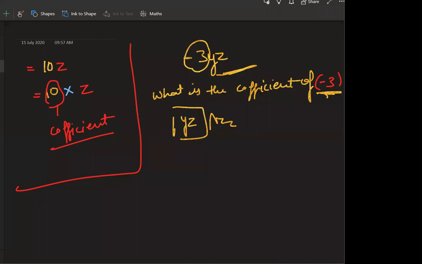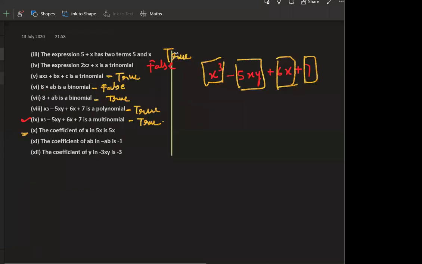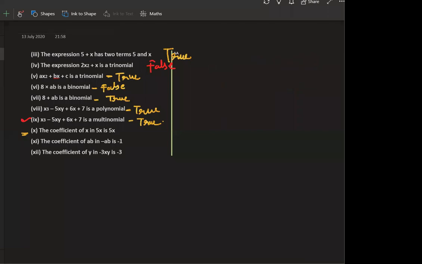So now let's do this question. This question is saying again, what is the coefficient of x in 5x? The question says the coefficient of x in 5x is 5x.